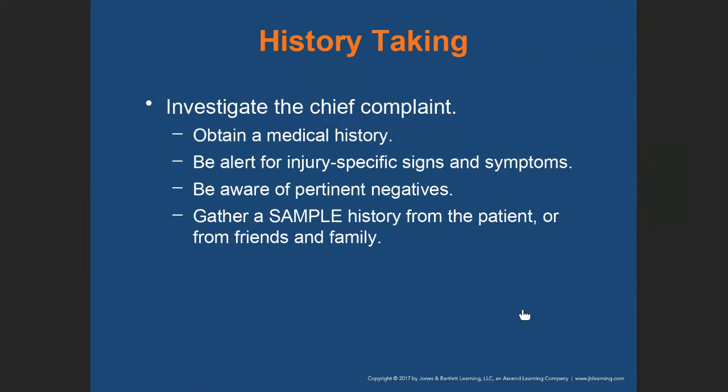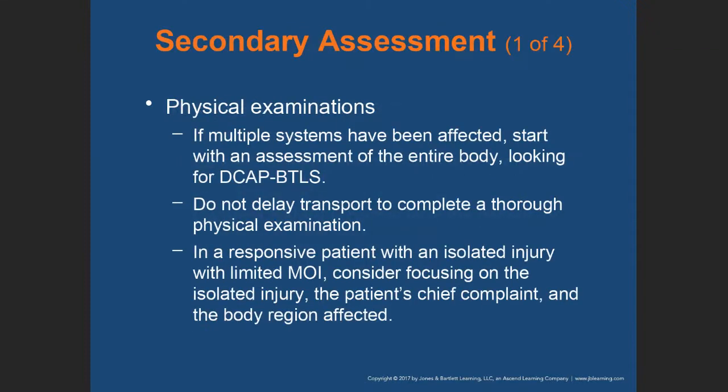So investigate the chief complaint, obtain a medical history, be alert for injury-specific signs and symptoms, be aware of your pertinent negatives, get a SAMPLE history from the patient or from friends and family.